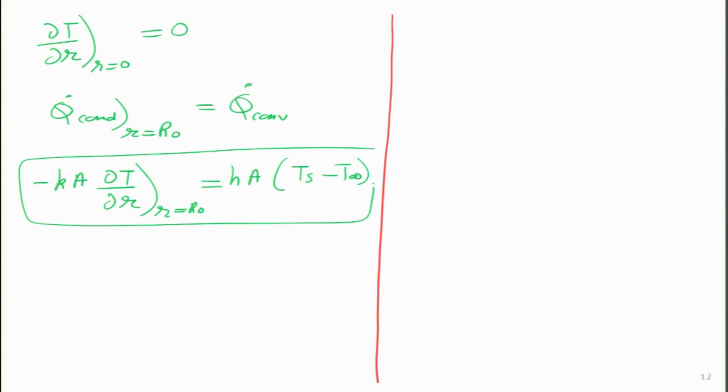So, by applying these two boundary conditions and solving, we will be able to figure out the values of C1 and C2, and eventually we will get something like this.